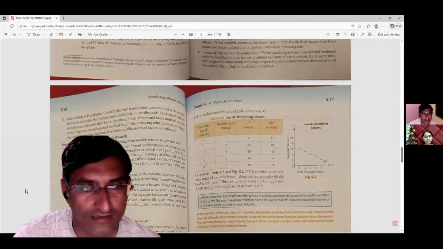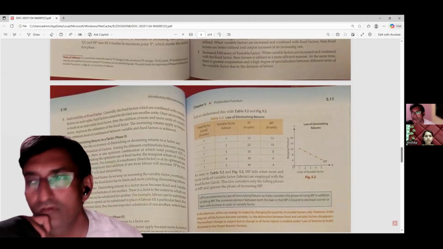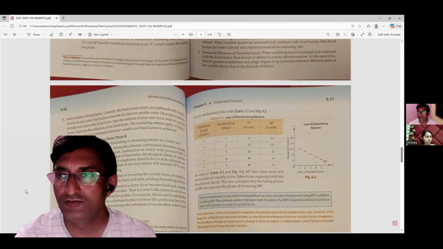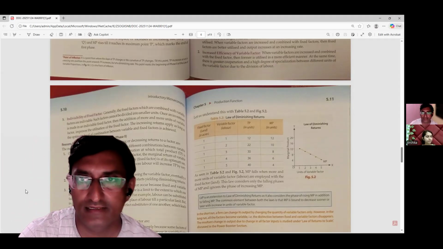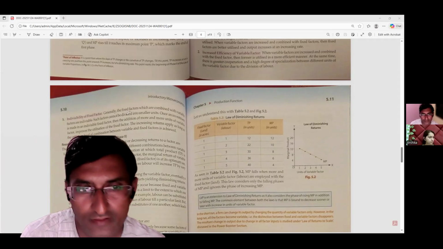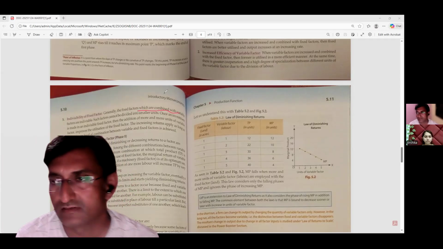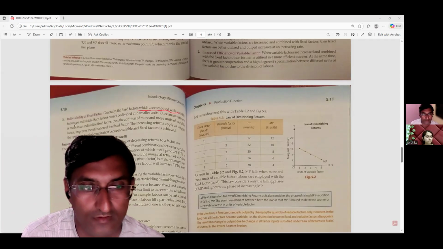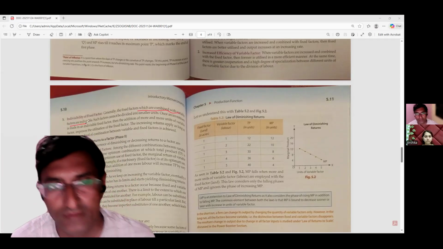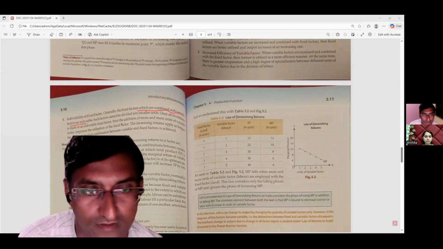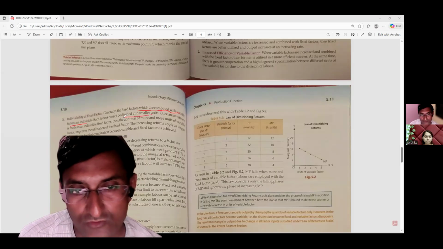Now, the third one is indivisibility of fixed factors. Generally, the fixed factors which are combined with the variables are indivisible. Such factors cannot be divided into smaller units.